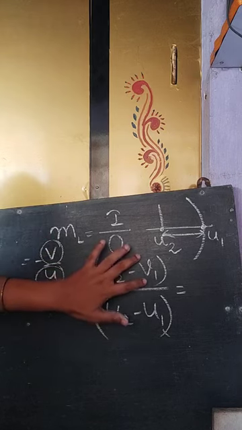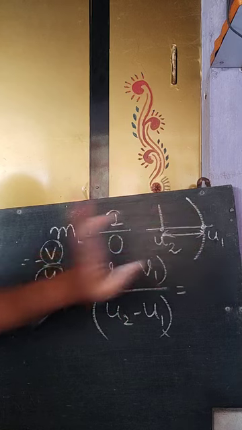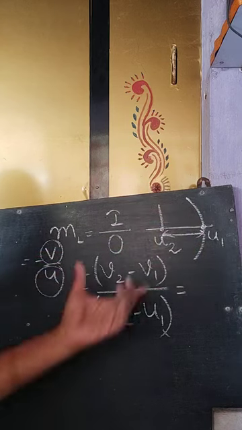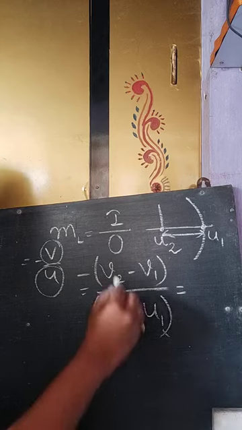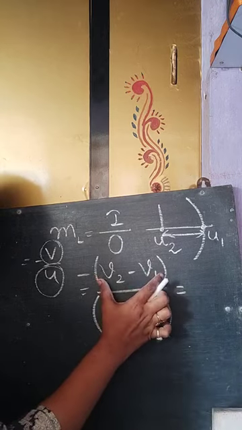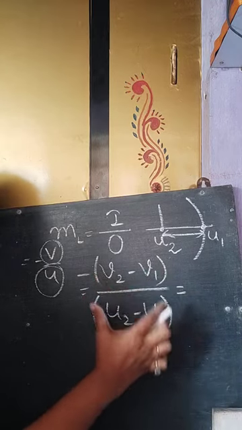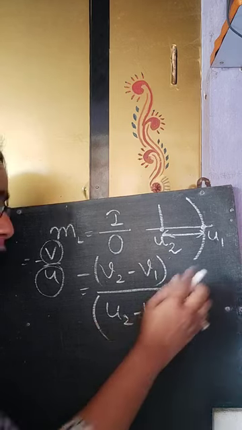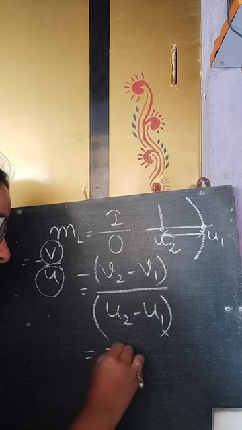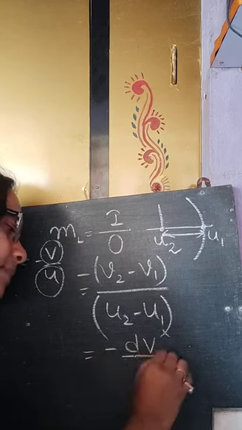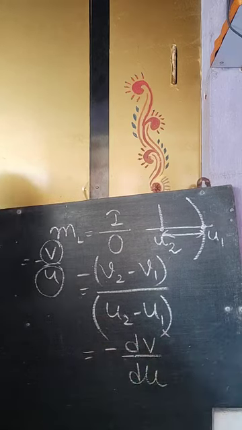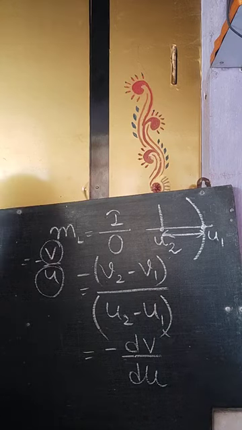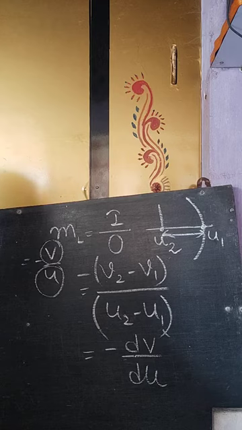V1 I basically consider as the pole. So this is the change in the image distance corresponding to the change in the object distance. Therefore, for a small object I can write it as dV by dU. Hopefully it is clear to all.